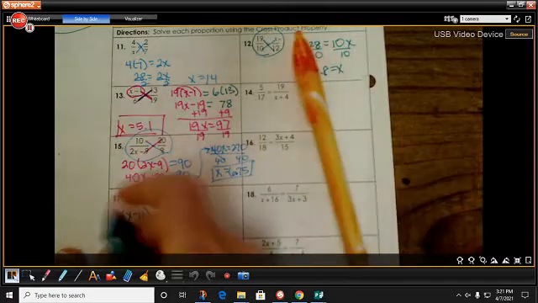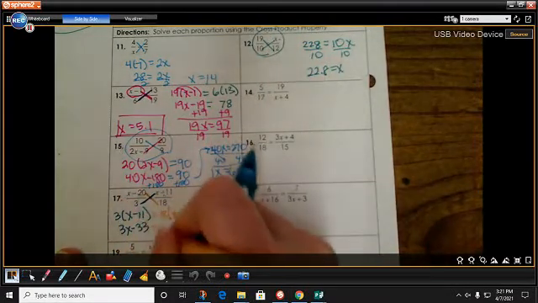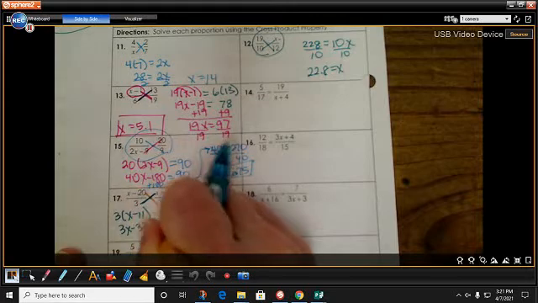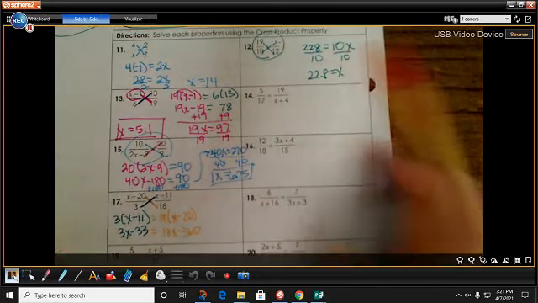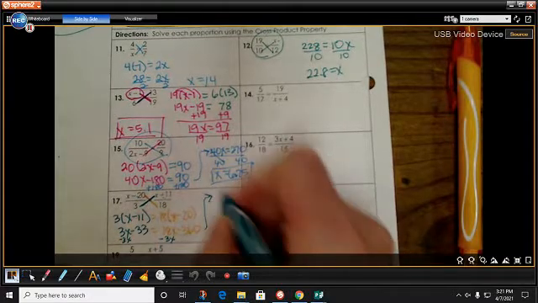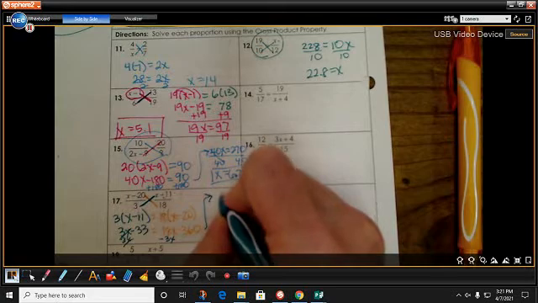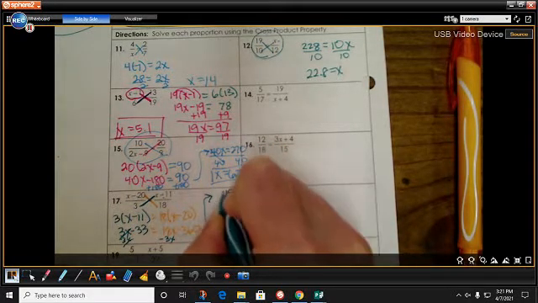Oh, that didn't look so bad. That comes out to be 3x minus 33. And on this side, I have 18x minus 360. So I can work with this now. I think I'm going to subtract the 3x from both sides. And that's going to give me, let's see, 15x minus 360 on this side.